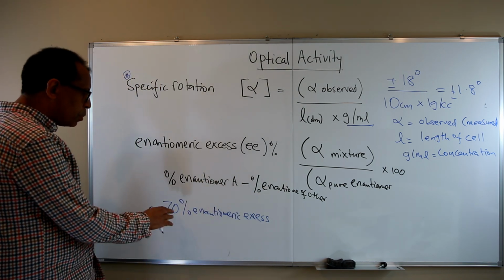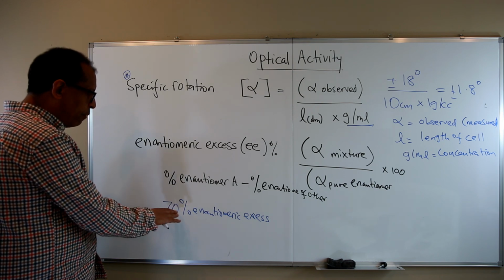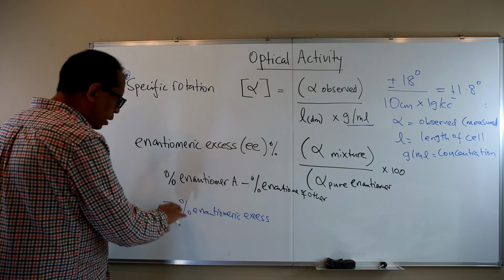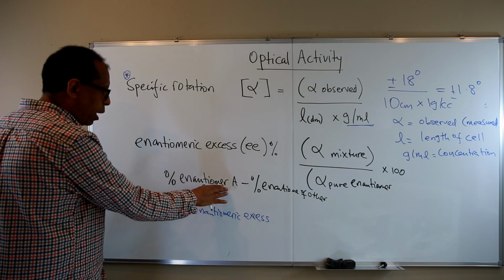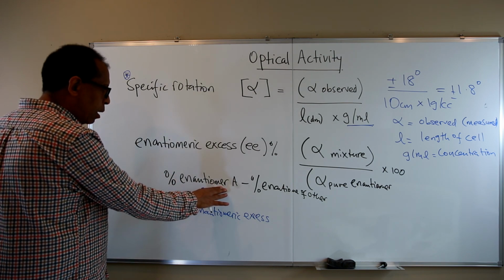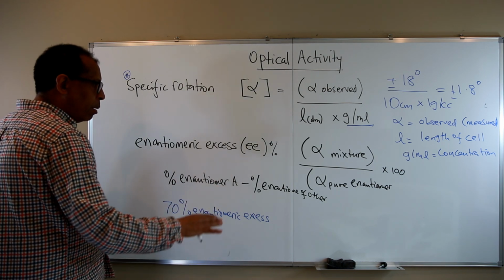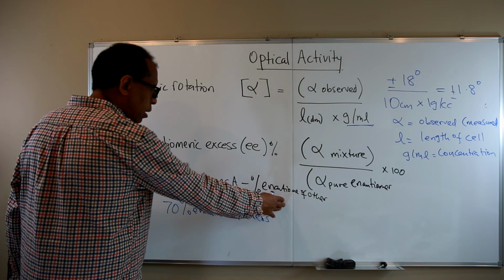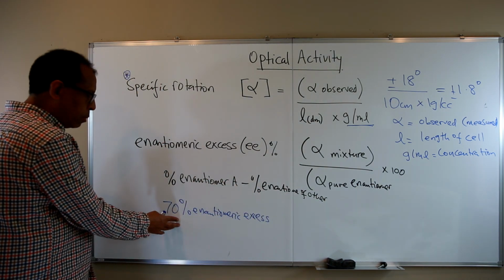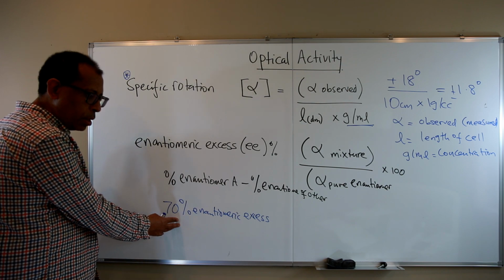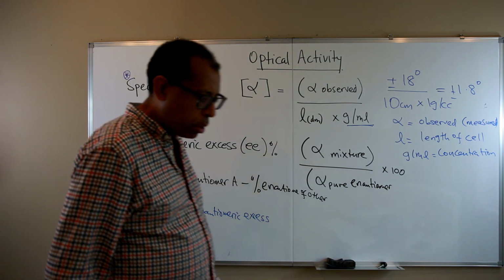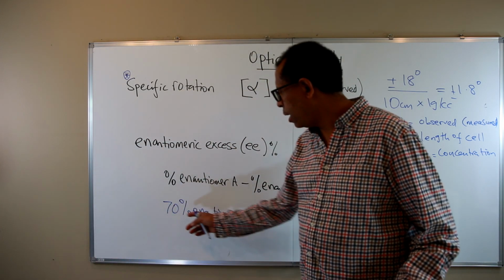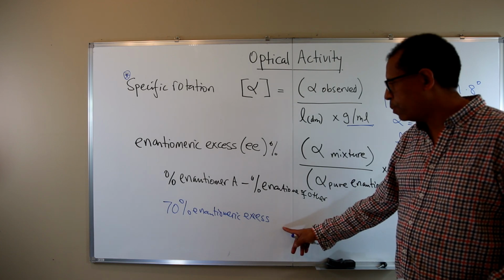That means if you have this difference, let's say enantiomer A is 100%, minus the other enantiomer at 30%, the enantiomeric excess would be 70%. So that's what it means when we say enantiomeric excess.